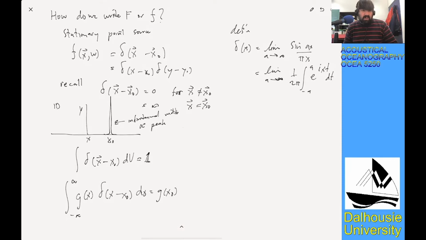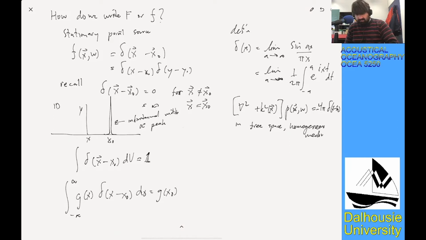So, okay, what does the Helmholtz equation look like here with our delta function? So there's our left-hand side, and our right-hand side now is minus 4 pi delta x minus x naught. Whoa, I'm running off the board. Okay, so let's say we're in free space now, and we're going to have a homogeneous medium. So in other words, k of x is just going to be simply k.